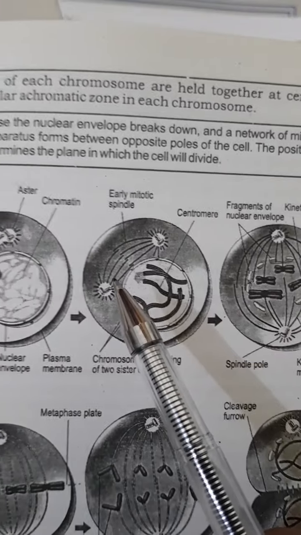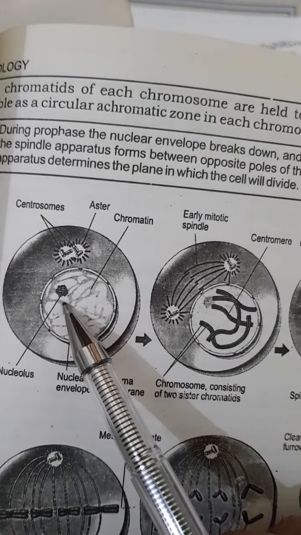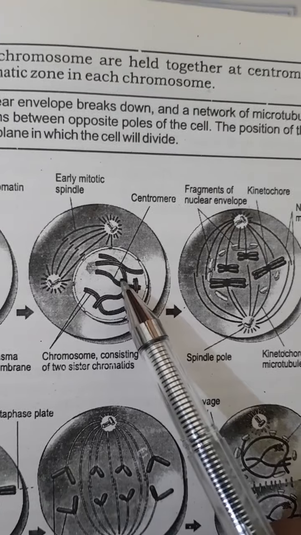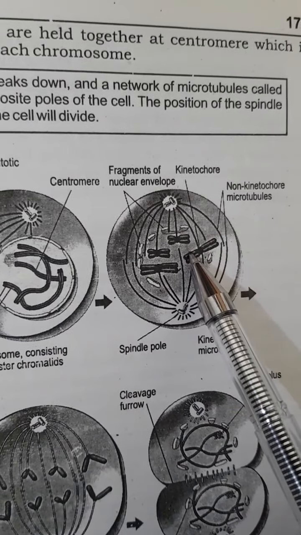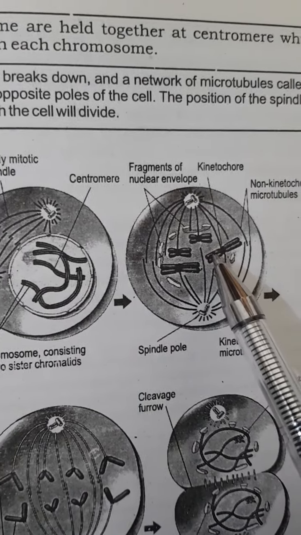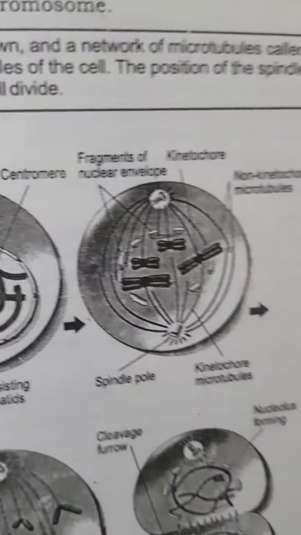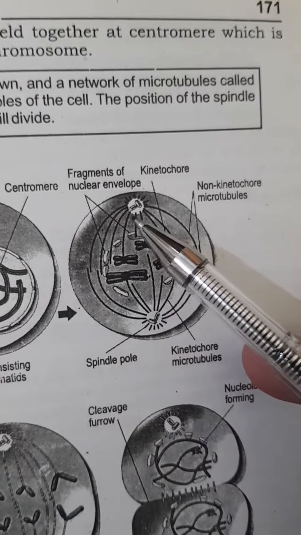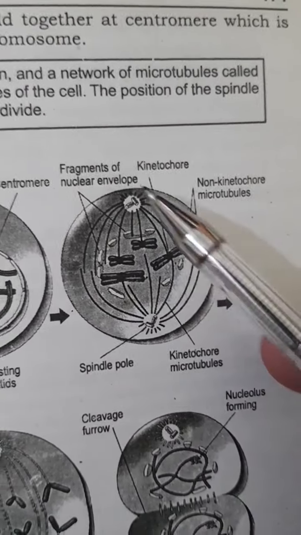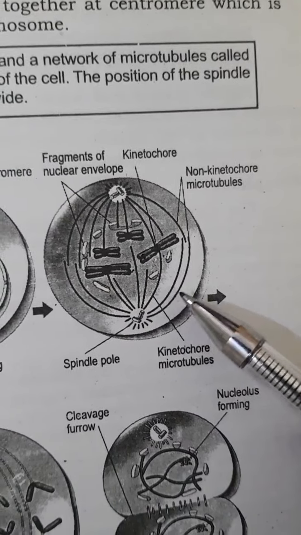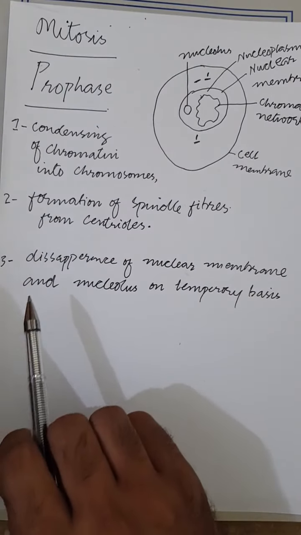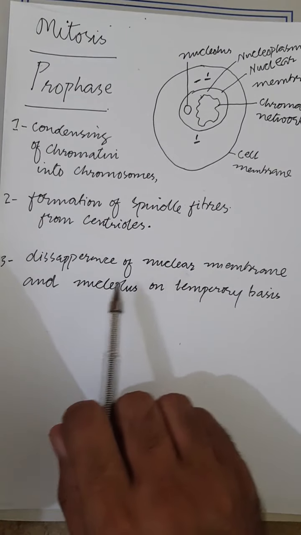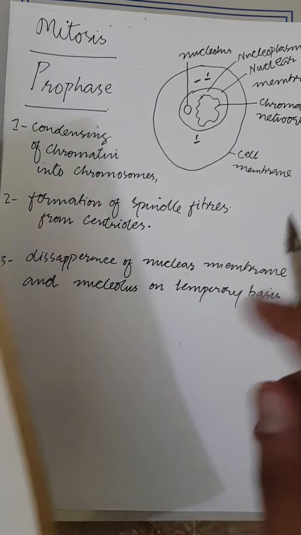So this is early prophase, you can call this mid prophase, and you can call this the late prophase. You can also see in this picture that we do not have any kind of nuclear membrane. As I said, the nuclear membrane and the nucleolus will also disappear.